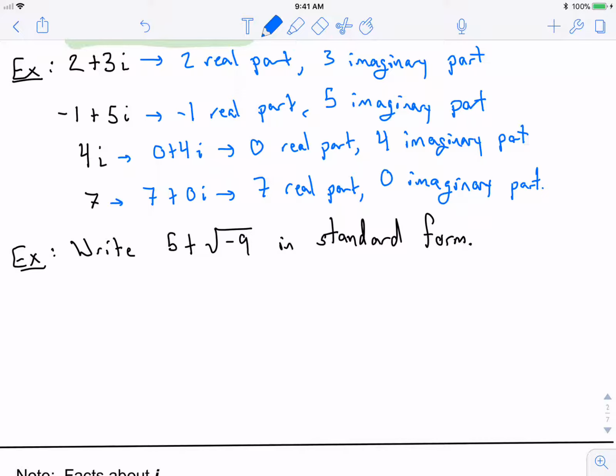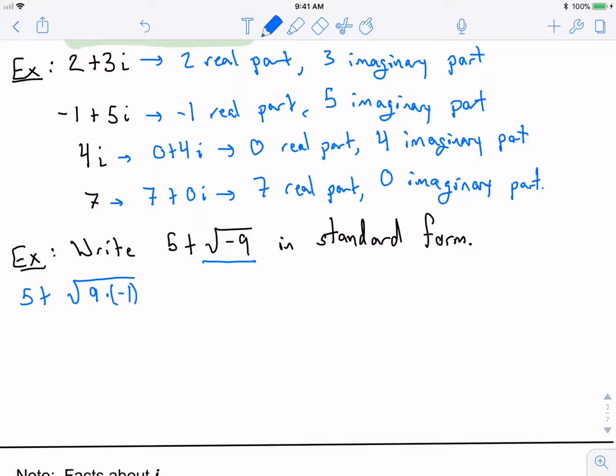So it already looks like we have our real part of 5. And now we need to fix the square root of -9 to make it look like some number times i. All we have to do is change what's written underneath the radical to be 5 plus the square root of 9 times -1.